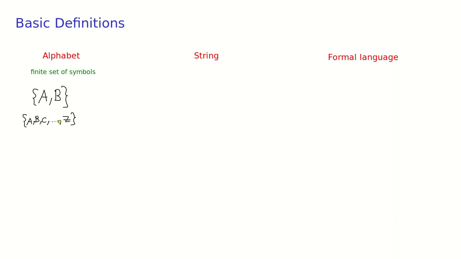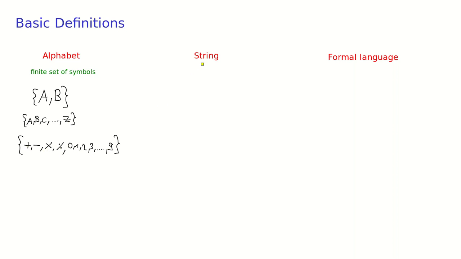This would be another example for an alphabet that you can use to write words from the English language, just the letters A to Z. Or if you want to talk about calculations, you can use this alphabet that contains some mathematical operations and some digits. Okay, so I guess it's clear what an alphabet is.